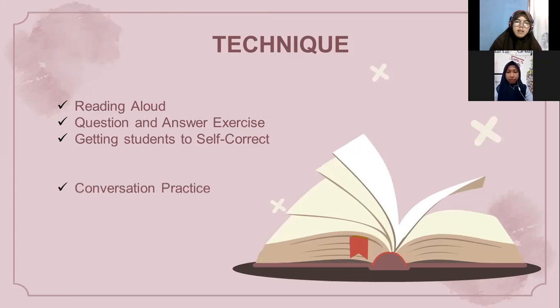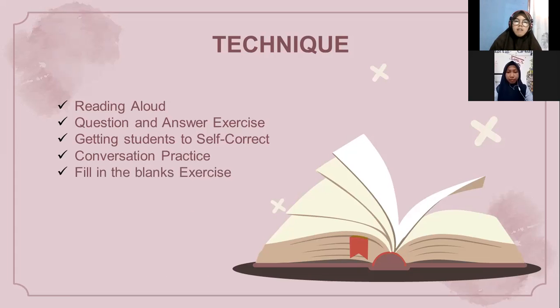And then conversation practice to improve their speaking and communication. So conversation practice needs to be done. And then fill in the blanks exercise, dictation, map drawing, and the last is paragraph writing.